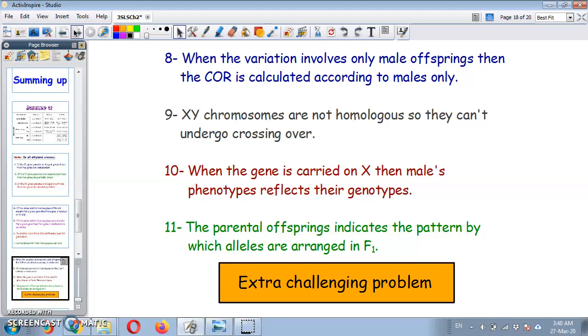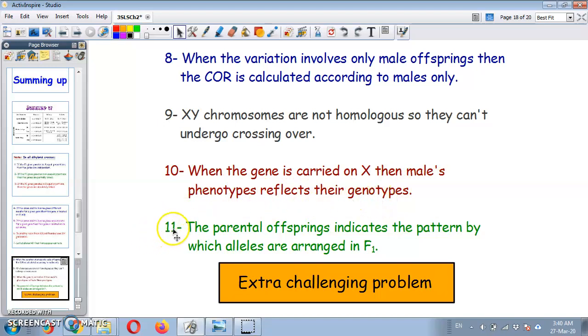And in this case, as note 8, the total is calculated from the males only. The ninth one, XY chromosomes are not homologous, so they can't undergo crossing over. So these chromosomes are the only ones that will not undergo crossing over, and intrachromosomic recombination will not take place in this case. The 10th note, when the gene is carried on the X chromosome, then males' phenotypes reflect their genotypes.